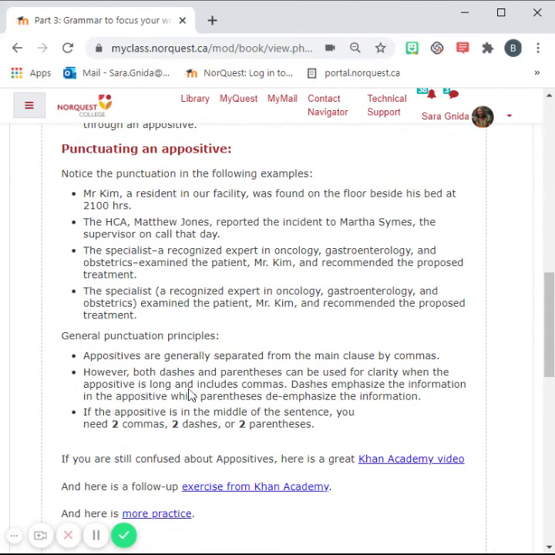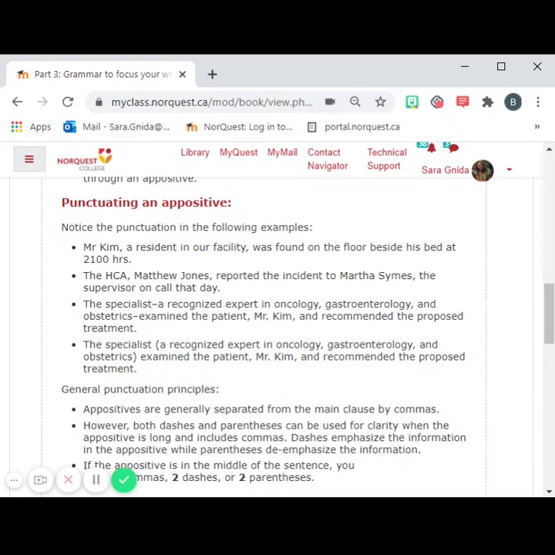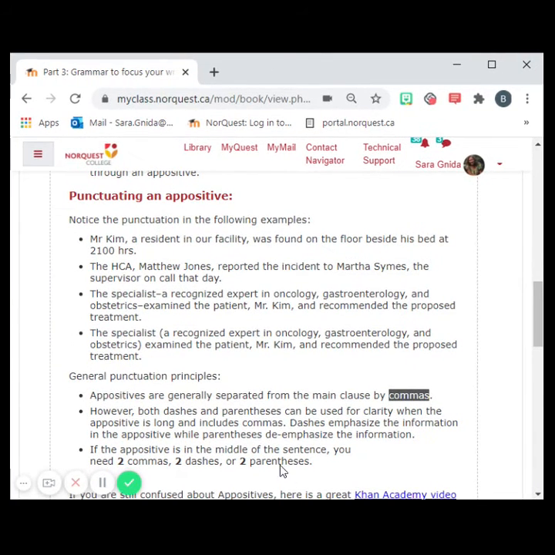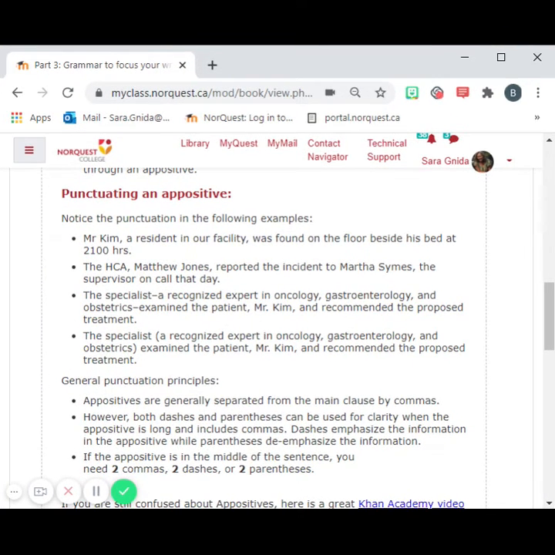Let me just comment on the punctuation. Appositives are generally separated from the main clause using commas. That's the most common. All right. However, both dashes and parentheses can be used for clarity when the appositive is long and includes commas.